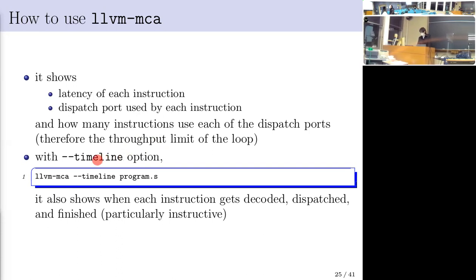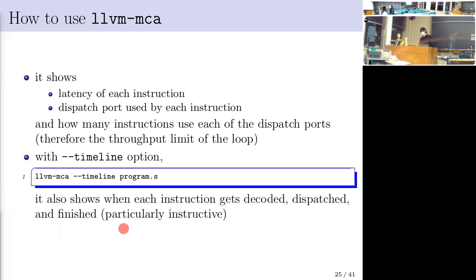You can give it many options, but this timeline option is particularly useful. I'm going to demonstrate it shortly, but it shows when each instruction is going to get decoded, dispatched, and actually executed and finished.